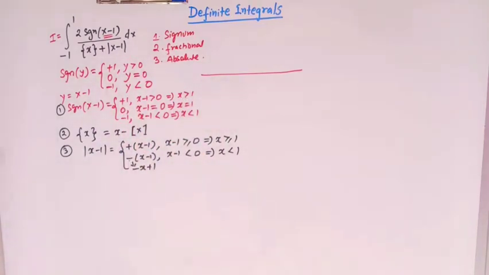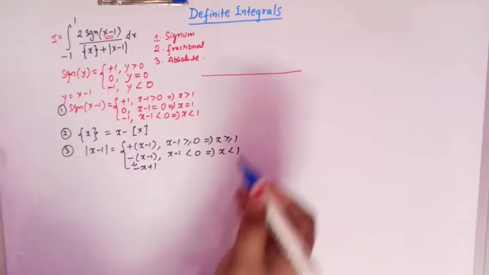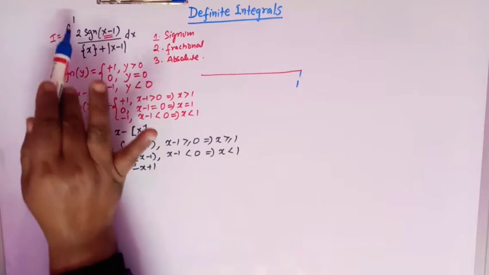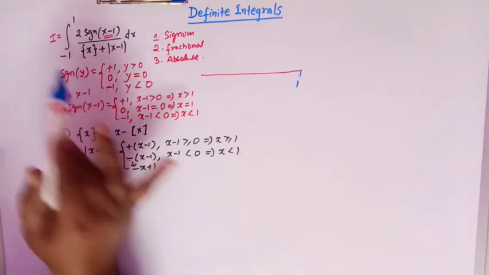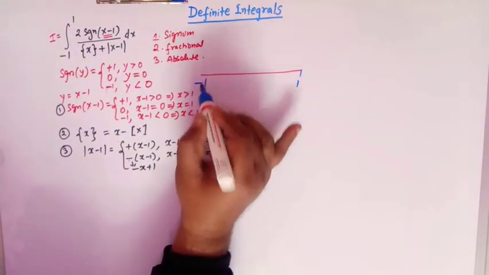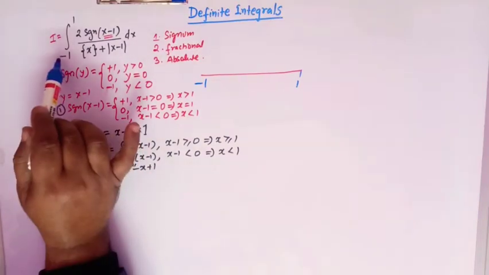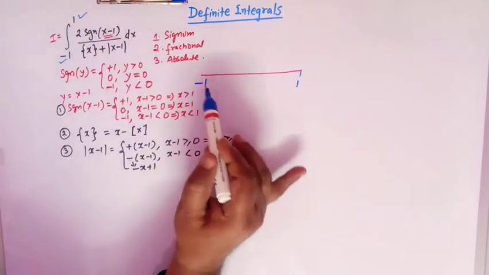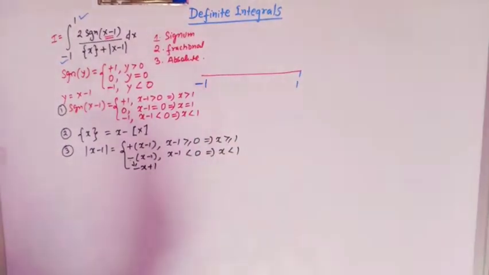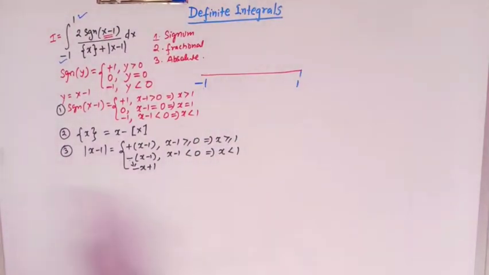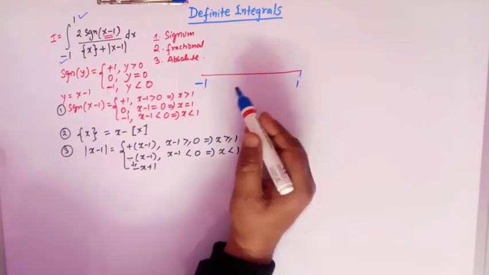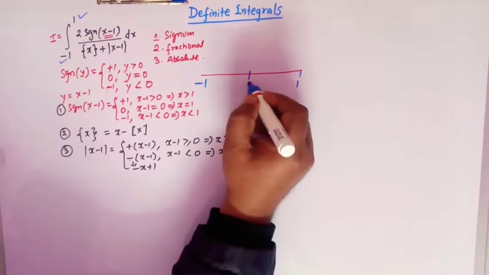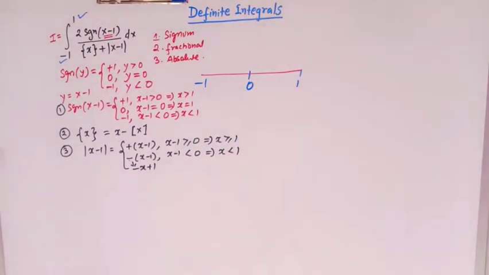So let us take the point 1 here, and we have the lower limit as minus 1 here. Let us plot the lower limit and the upper limit on the real number line, and we see that 0 lies between minus 1 and 1, somewhere here.